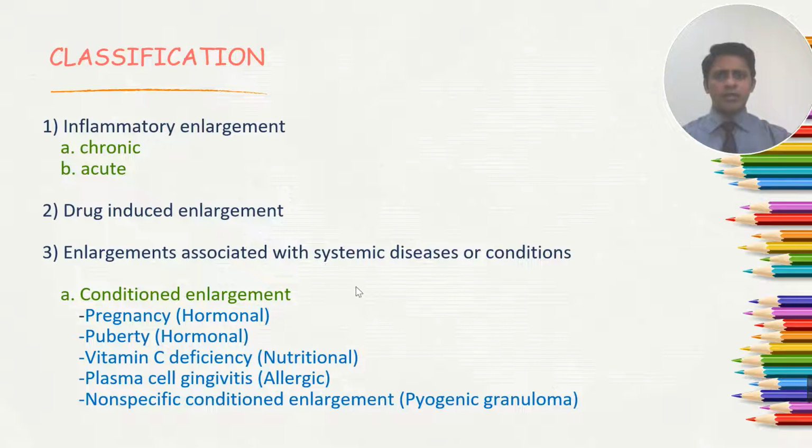Under systemic conditions, there are pregnancy, which is a hormonal condition, puberty, which is also a hormonal condition, vitamin C deficiency, which is a nutritional condition, plasma cell gingivitis, which is an allergic condition, and non-specific conditional enlargement, that is pyogenic granuloma.